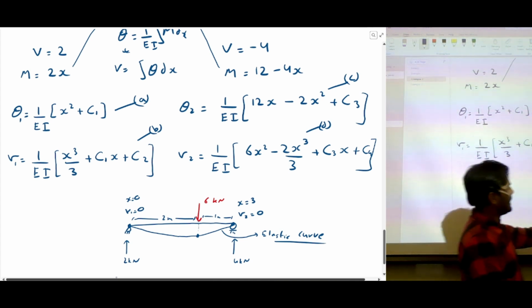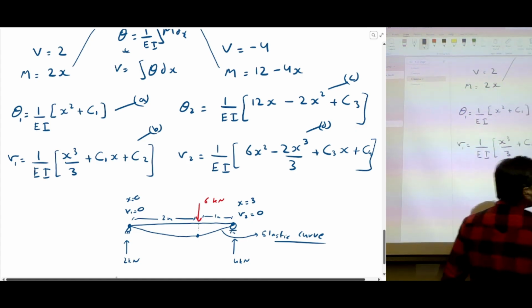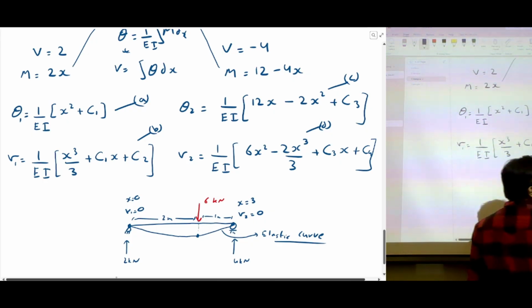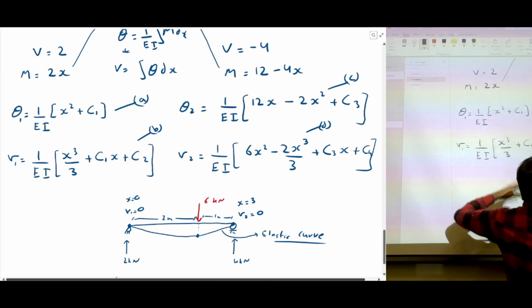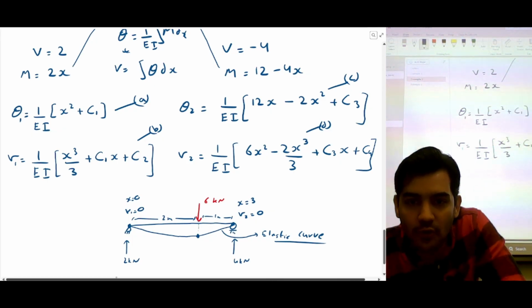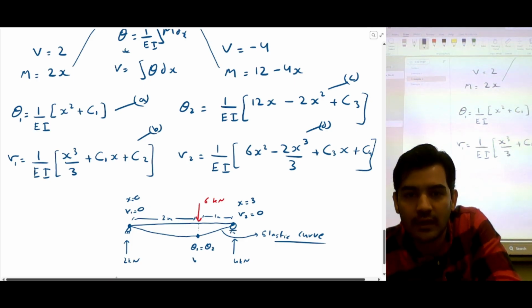After this point, from here to here, these two equations are applicable. So if you want to calculate something in this region, you use these two equations, and in the other region, you use the others. But at this particular point, you can use any of these two equations, because they are basically equal. So at this particular point, theta 1 is equal to theta 2, and displacement 1 is equal to displacement 2.